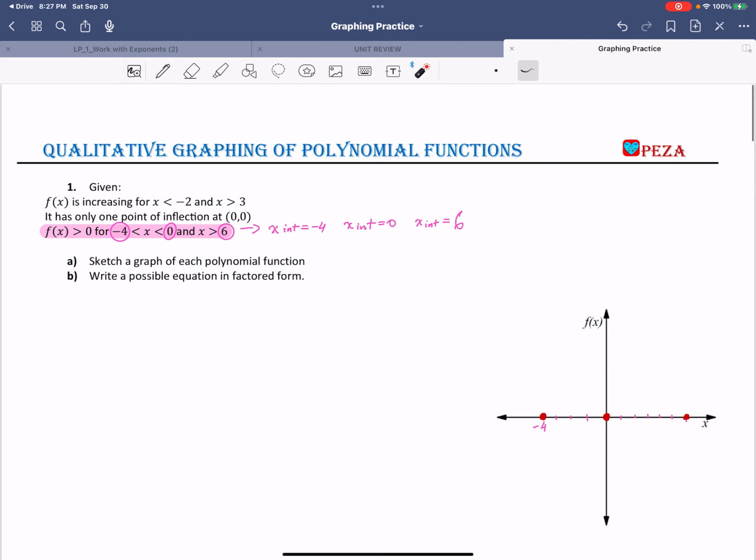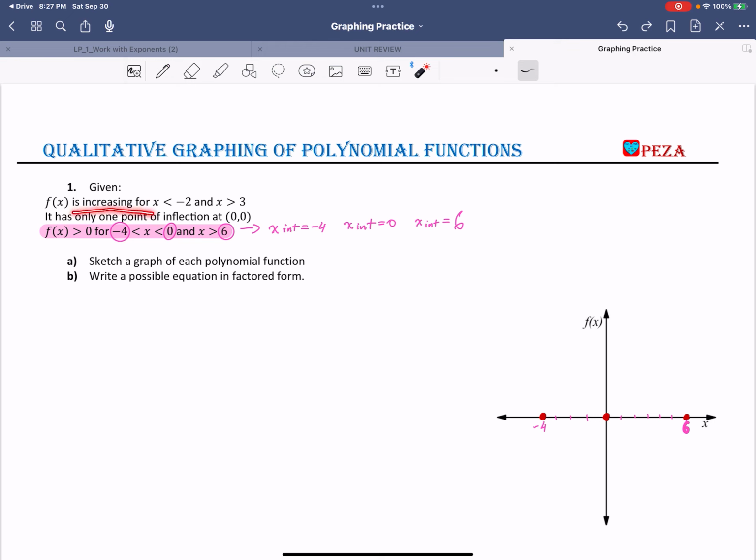So I know that the function will be positive between -4 and 0, so that means above the x-axis, and it will be positive for x values greater than 6. So right here. Next I will look into the rest of the information. Every piece of information here is important.